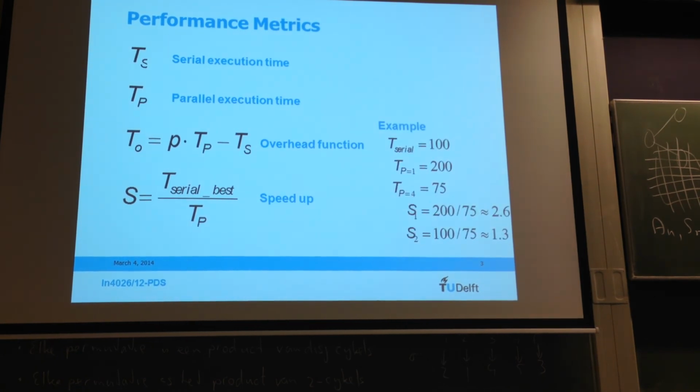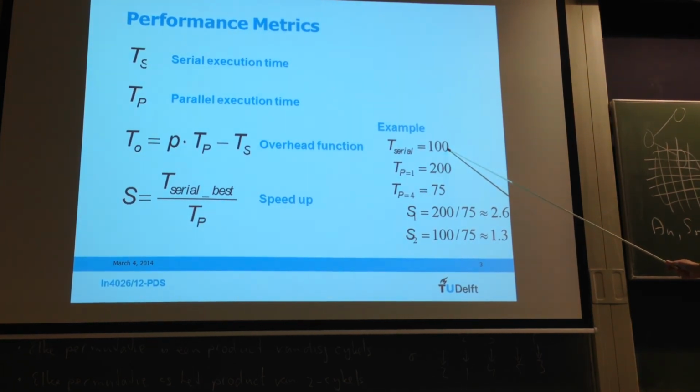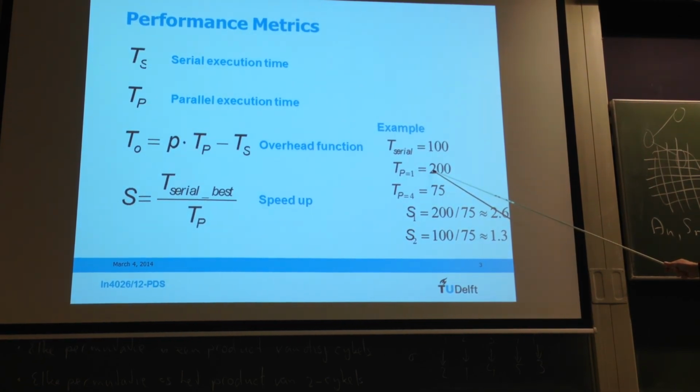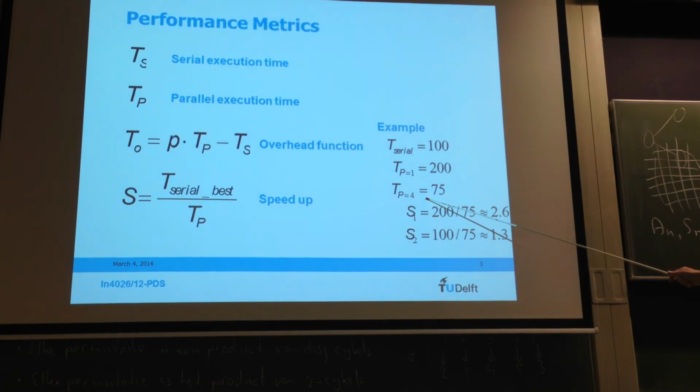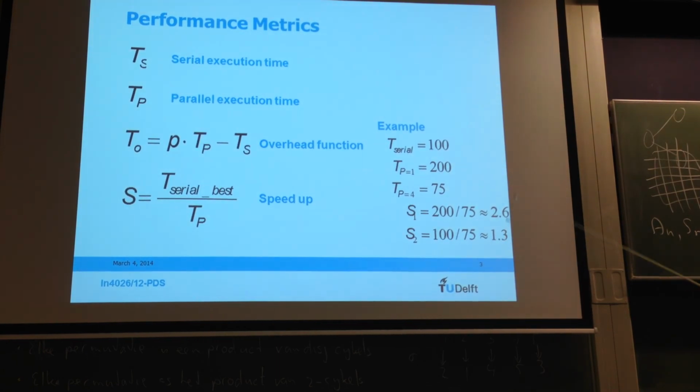To give you an example, suppose I have a program with an execution time of 100 units, while the runtime of my parallelized program, if I have one processor, is 200, and if I use 4 processors, it's 75. Then if I would take this one, I would conclude that my speed up is 2.6, while if I do this one, it's only 1.3.